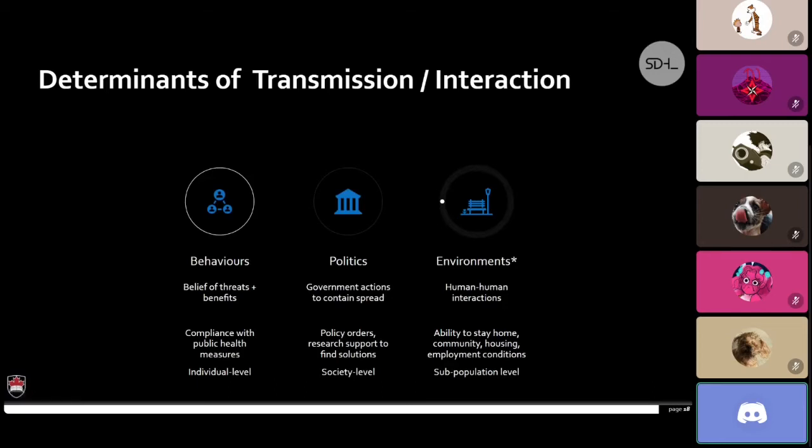So there are a few theories that explain behavior. You usually find them in psychology, such as the health belief model or the theory of planned behavior. Basically, it's the idea that for most people, if they see a threat, they respond accordingly. Unfortunately, a lot of individuals don't perceive COVID-19 to be a threat.